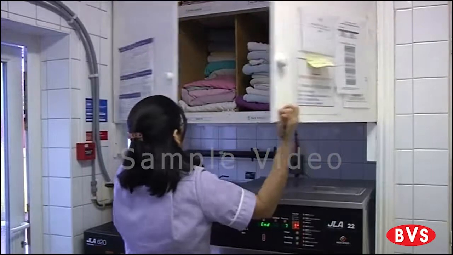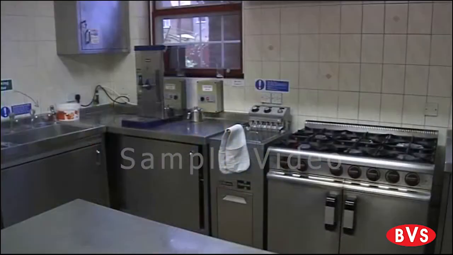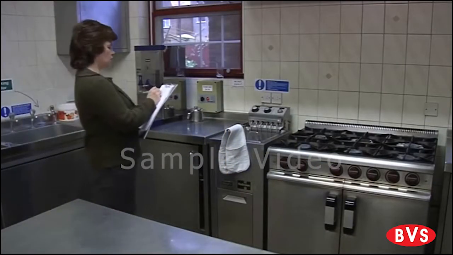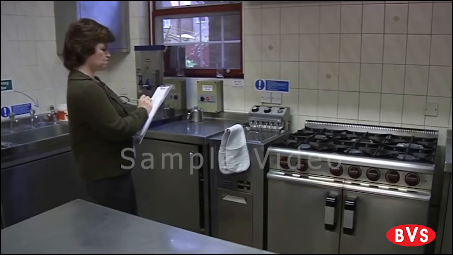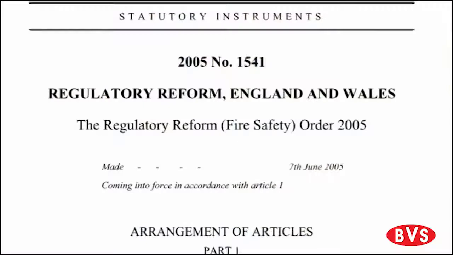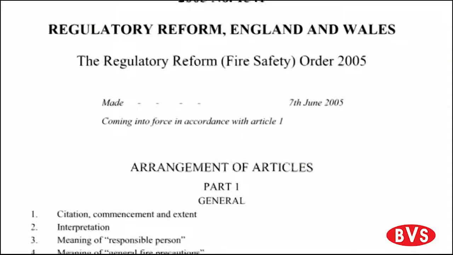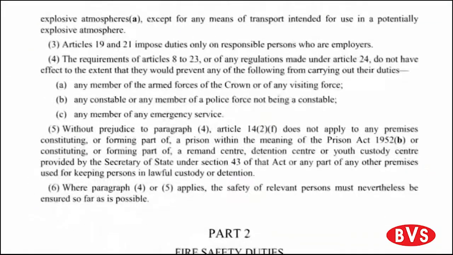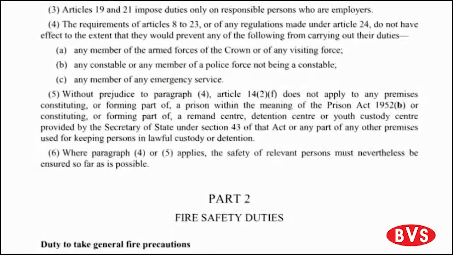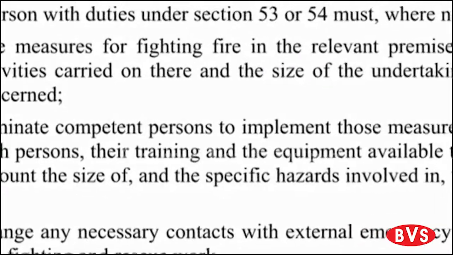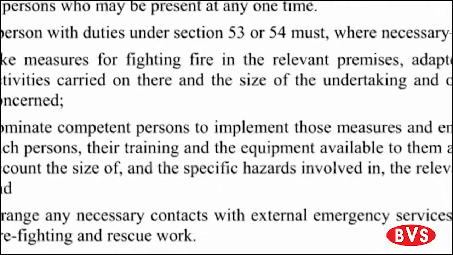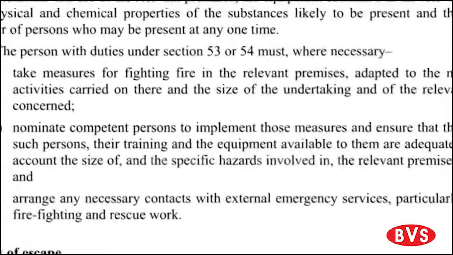care home is vital. It is a legal requirement that a fire risk assessment is carried out in all non-domestic premises. This is stated in the current fire safety legislation covering England and Wales. The regulations also stipulate that the person carrying out the fire risk assessment must be competent.